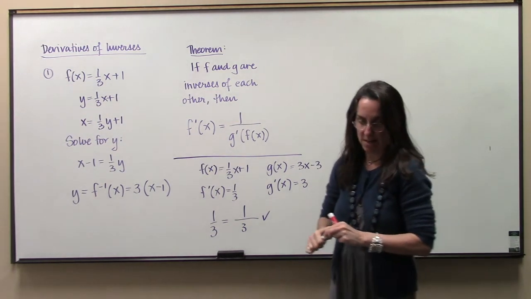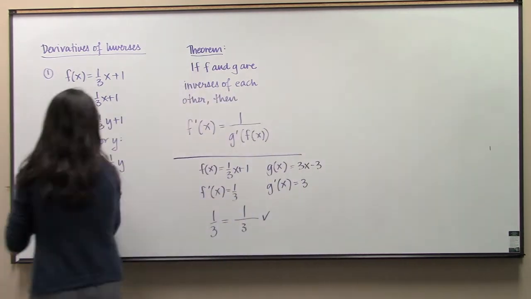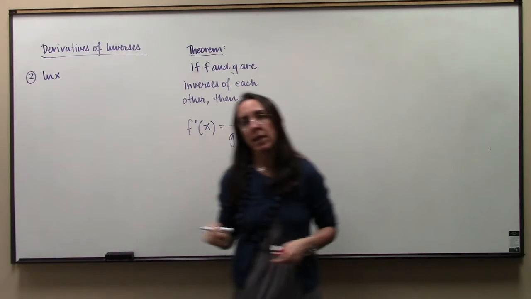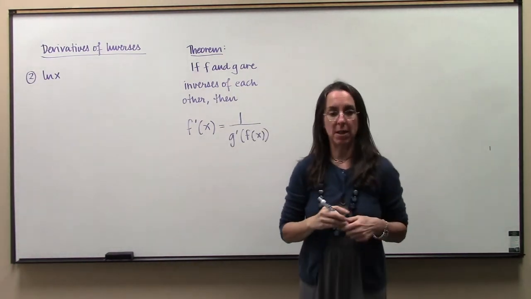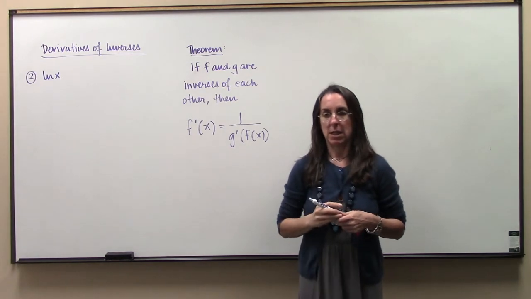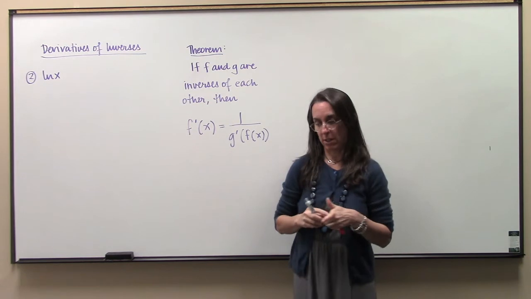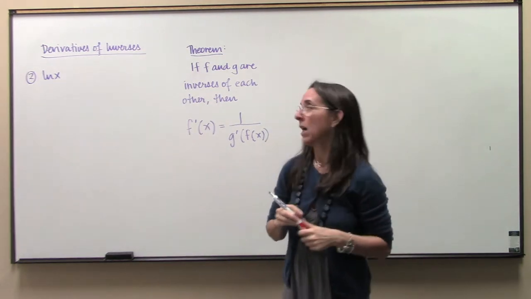So let's look at a slightly more interesting case. In the video about the derivative of log x, I was using the central difference approximation to numerically try to come up with the derivative of log x.